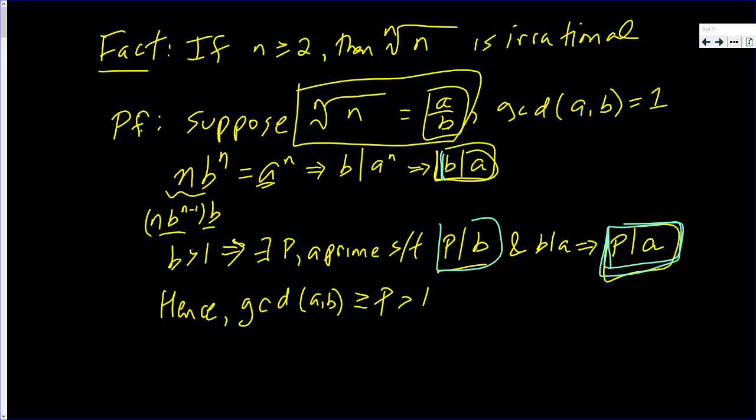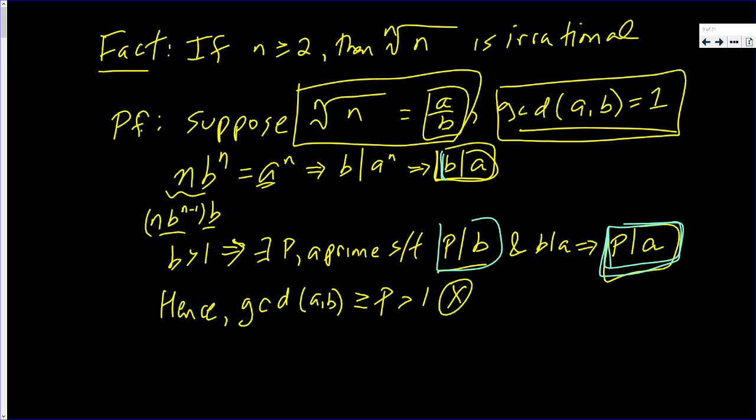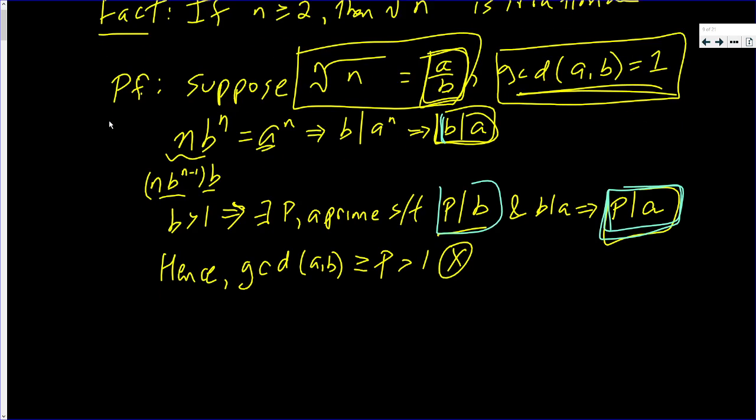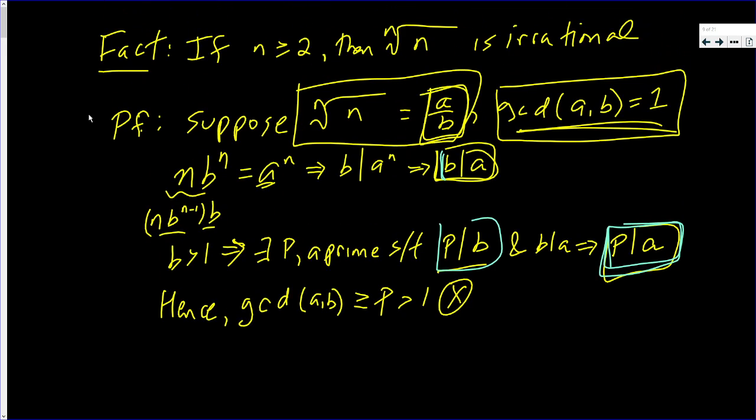But p being a prime is at least 2. That contradicts that the GCD of a and b is 1. That was given. We are given that this is in reduced form. So if b is bigger than 1, then the nth root of n is not rational, hence it's irrational.